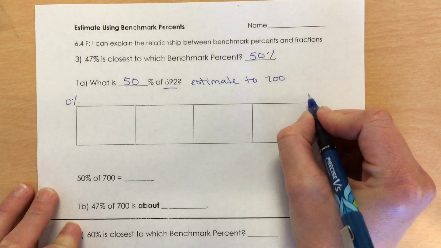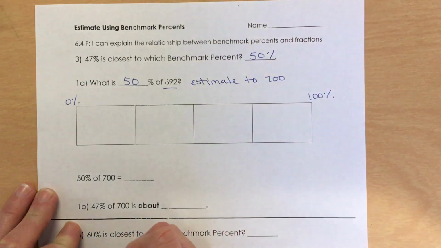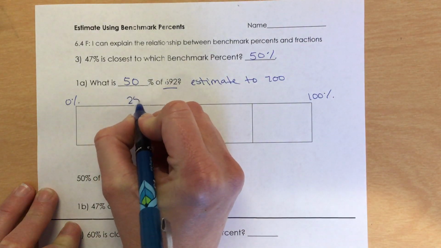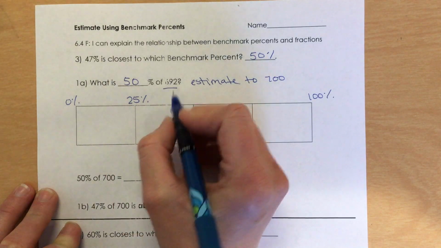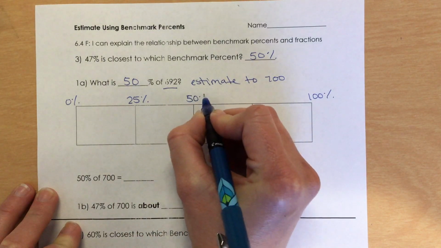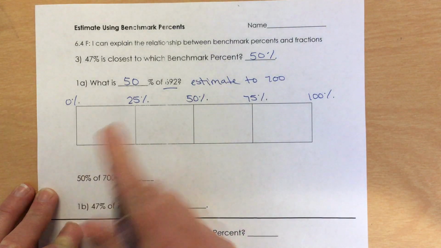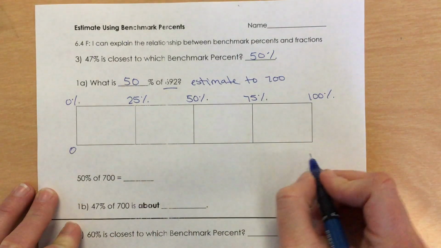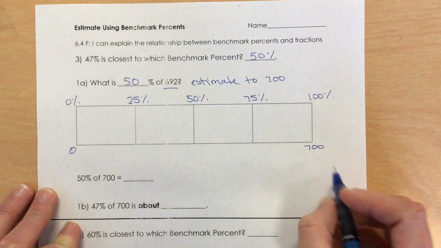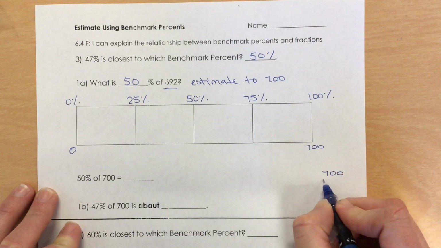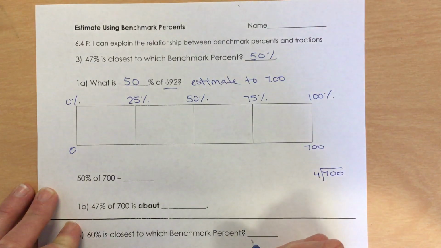Label our percents on top. We're splitting it into fourths again. Okay. And on the bottom, represent our number. We're going from 0 to 700. We need to split 700 into fourths, meaning we're going to divide by 4.